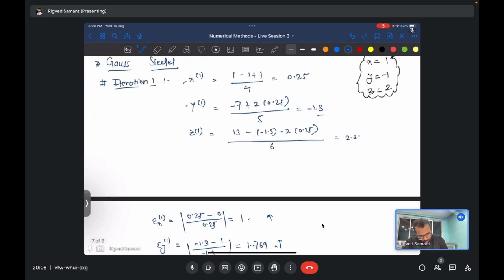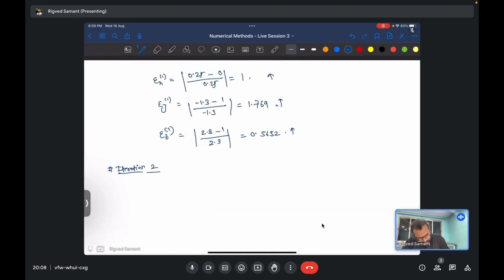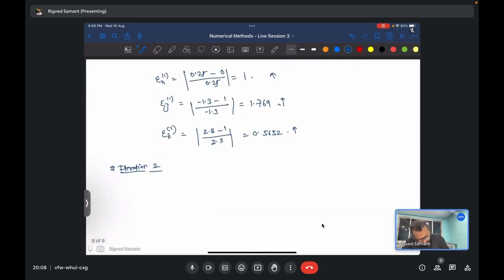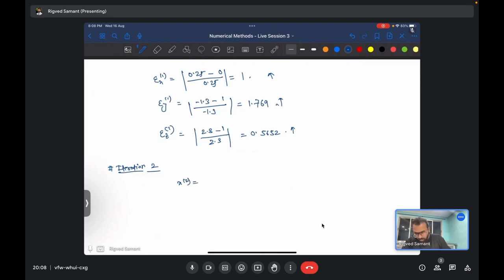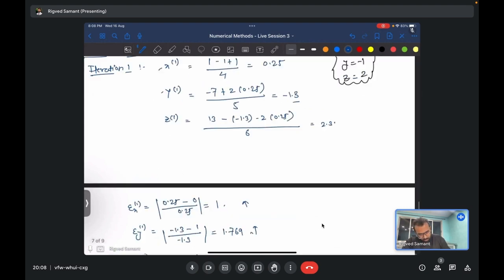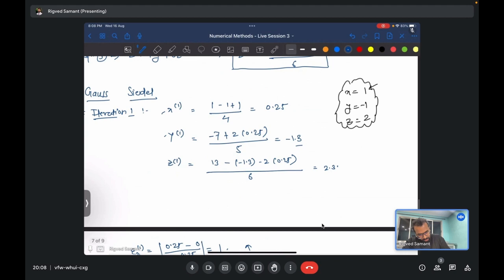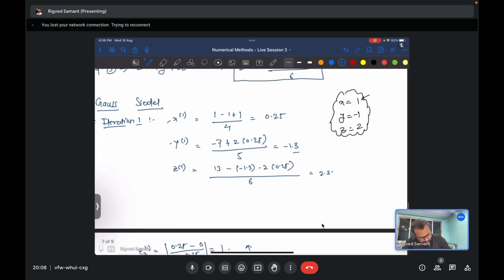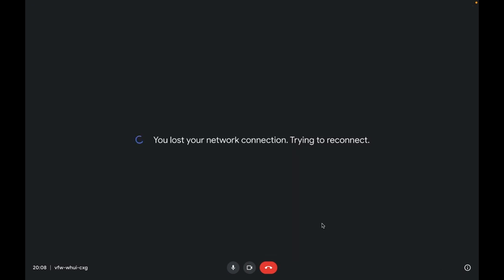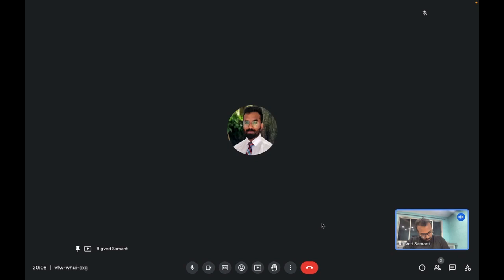Iteration 2 would be Jacobi method, right? So Jacobi method will always consider the latest value. So x of 2 is, the equation is this one, 1 minus y plus z divided by 4. So 1 minus y1, would you consider minus 1.3? It's 1.3, plus z.